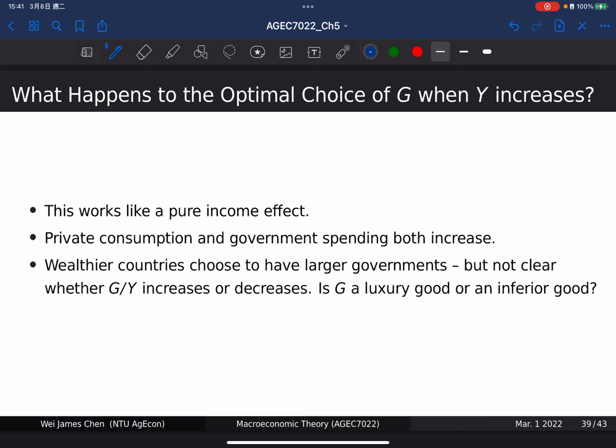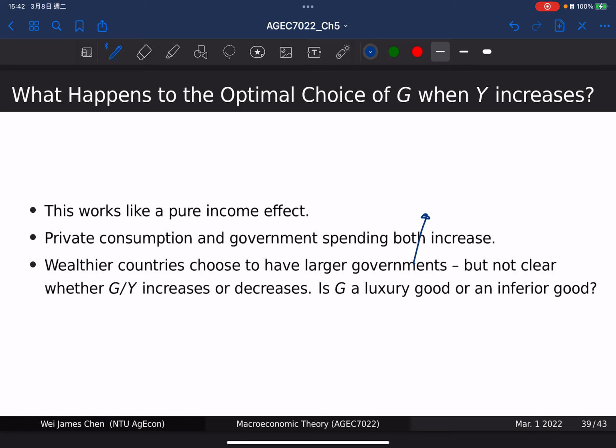So what happens when Y increases? The amount of output coming from heaven goes up. Similar to what we previously discussed, that's a pure income effect. Basically, the consumer is getting wealthier. So private consumption and government spending both go up. The implication here is that wealthier countries usually choose to have a larger government.